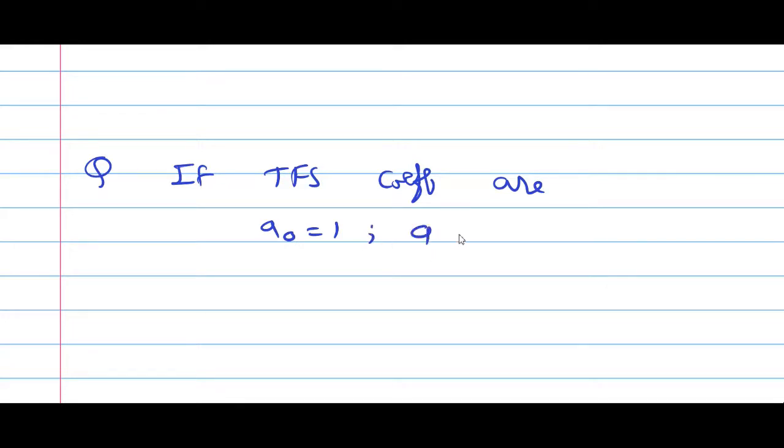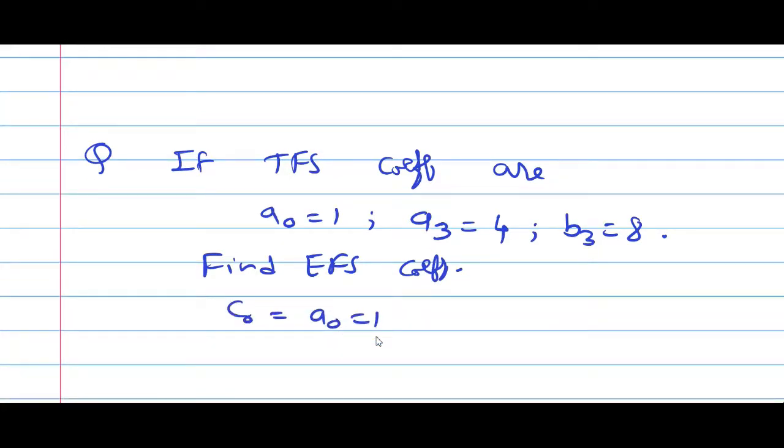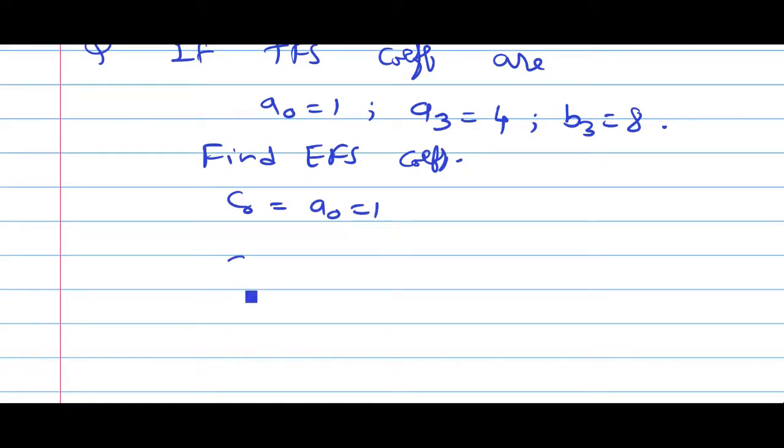Now let's look at one more question. If TFS coefficients are A0 equal to 1, A3 equal to 4, and B3 equal to 8, find the EFS coefficients. Okay, so C0 will be A0, so it is nothing but 1. Now A3, B3 is given, so we can write the formula for C3 as A3 minus JB3 upon 2.